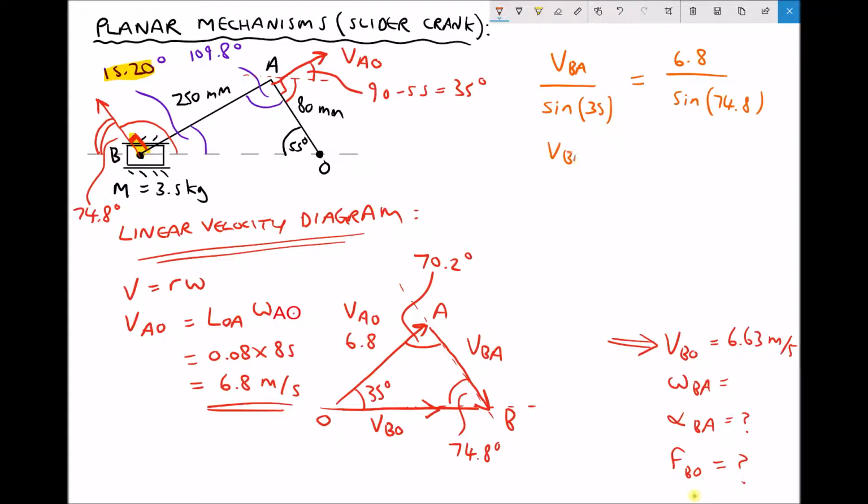Therefore, VBA equals 6.8 sine 35 over sine 74.8, giving me a value of VBA equal to 4.04.